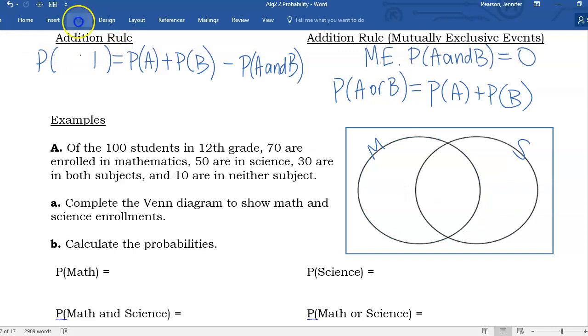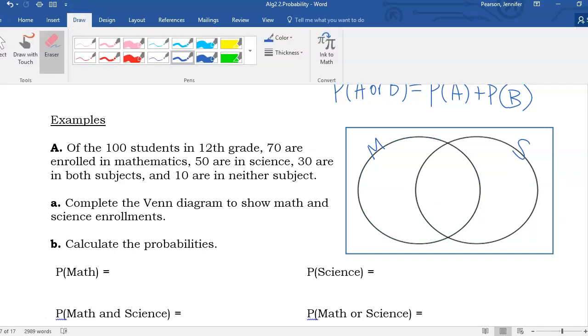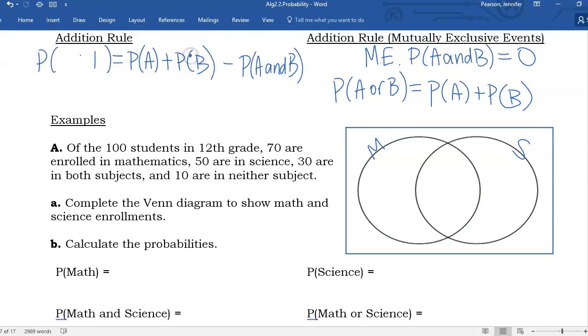So, what I really need to start with is the and, okay? There is 30 in both subjects, so because I know this whole circle needs to be 70, if I already have 30 in that circle, it means I'm going to have 40 in this region.